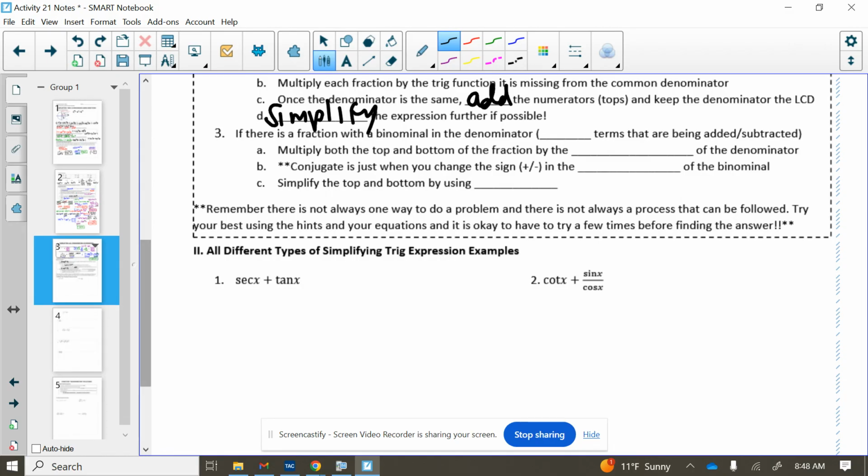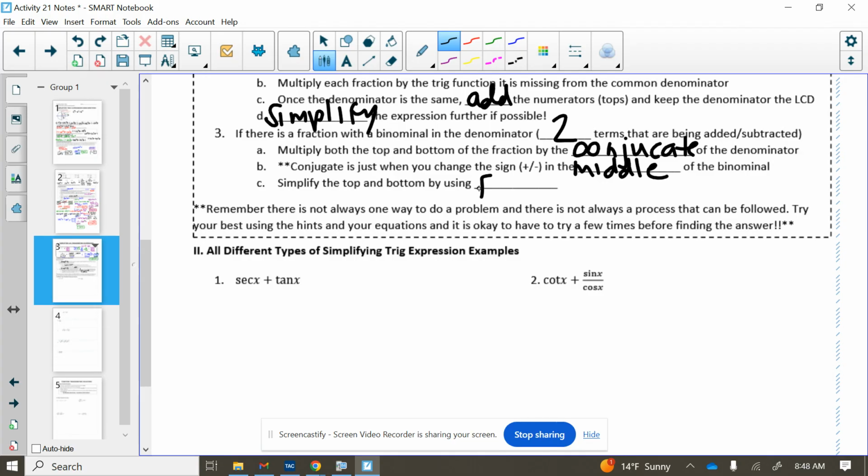We want to simplify then from there the expression as much as possible, similar to what we did up above. If there is a fraction with a binomial in the denominator, aka two terms that are being added or subtracted, a couple things we have to be careful of. Sometimes we end up multiplying by the conjugate of the denominator. A conjugate is just the exact same values. We just change the middle term to either be from a positive to a negative or vice versa.